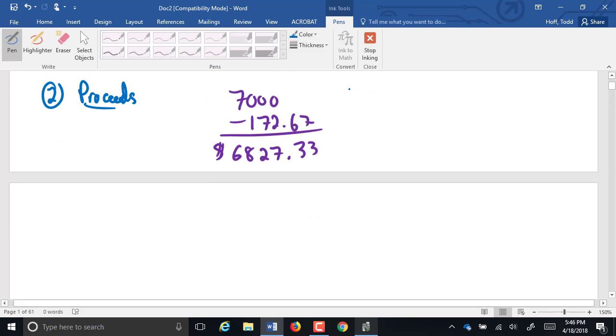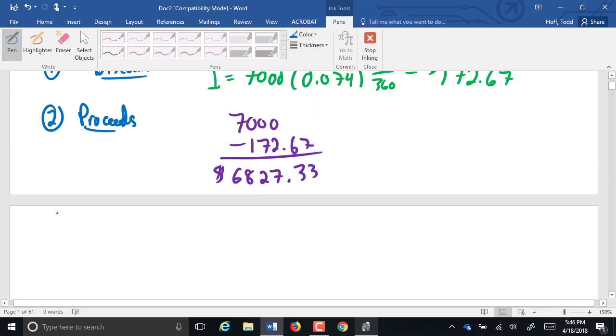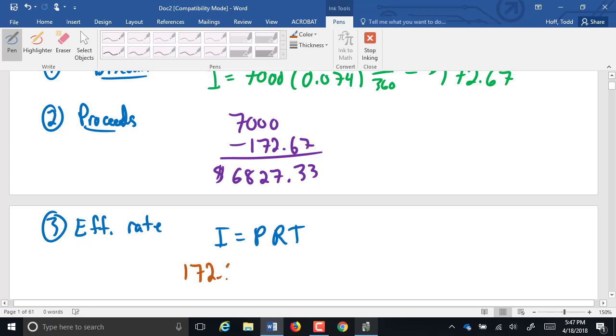Now we find the effective rate using I equals PRT. So I is the 172.67. P is the proceeds of 6827.33.